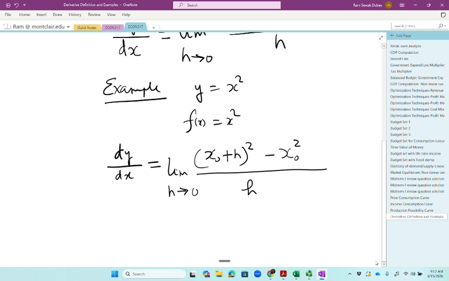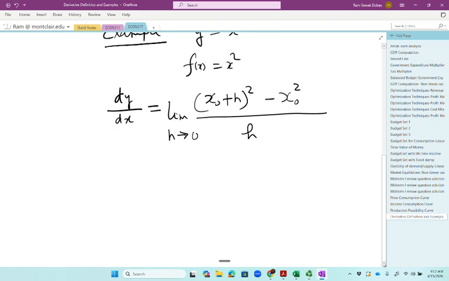So that's the definition. We can do some algebra. We know the square of x0 plus h, I will write down the expression for this. So it is equal to the limit h going to 0 of x0 square plus h square plus 2x0 times h.